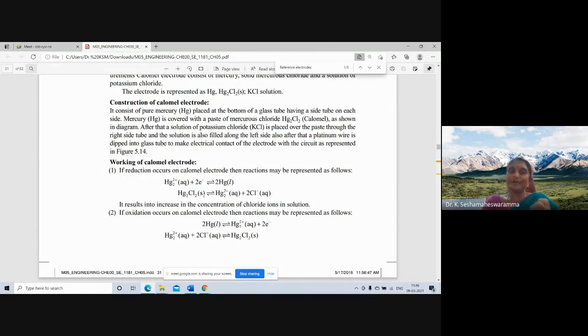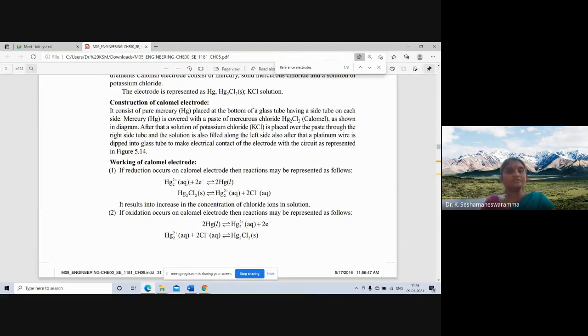Hg2Cl2 solid converted into Hg2 2+, I mean 2 electrons are lost from each one. This aqueous plus 2 chloride ions are formed.